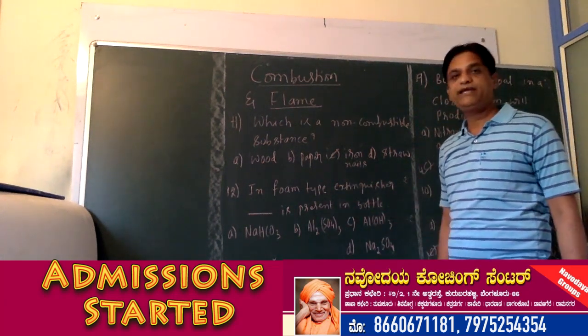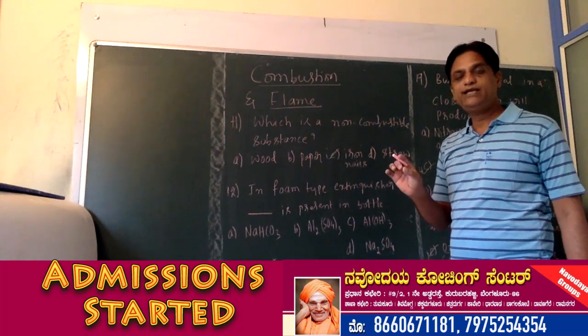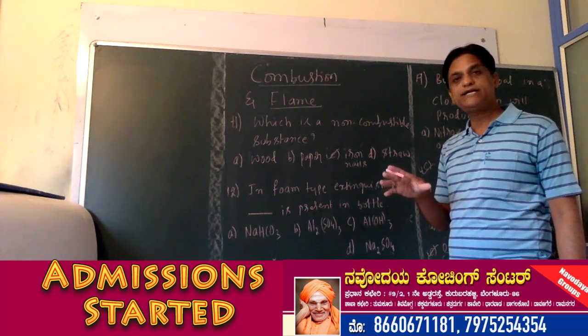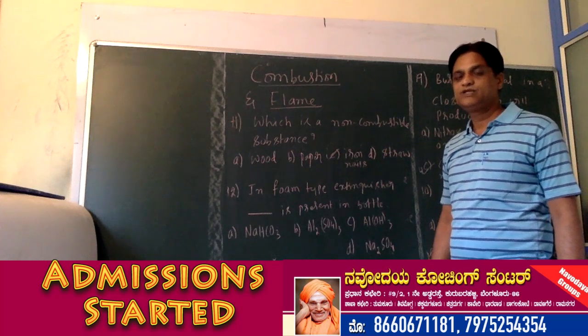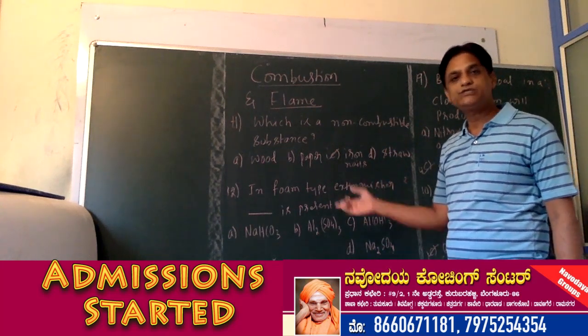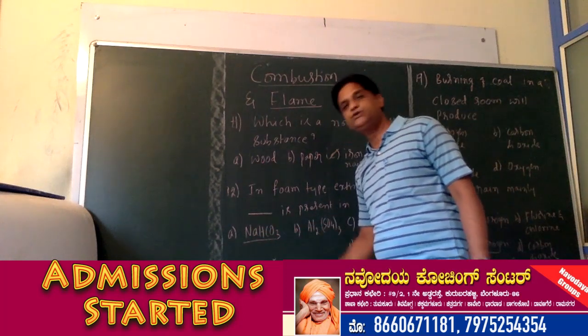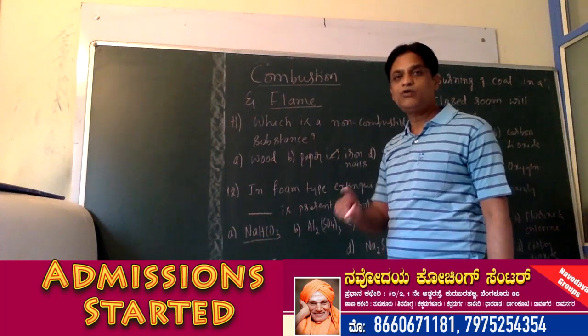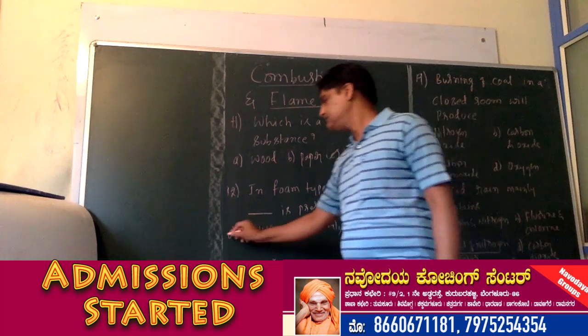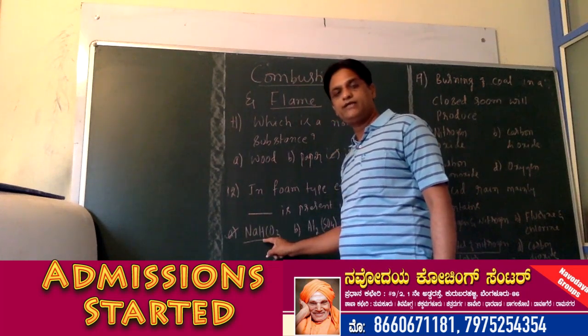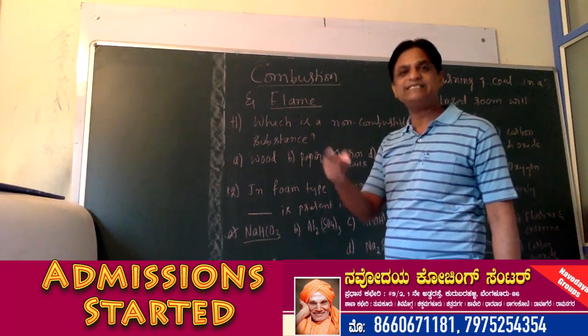See, foam type extinguisher mainly uses carbon dioxide to put off fire. So how can carbon dioxide be produced in that extinguisher? In a bottle, they use carbonate or bicarbonate, and this is made to react with an acid.